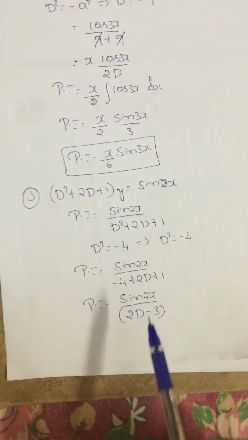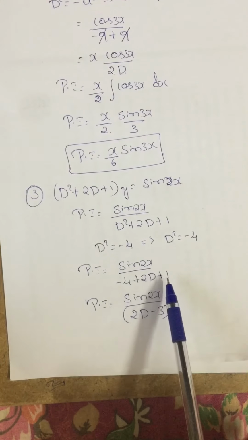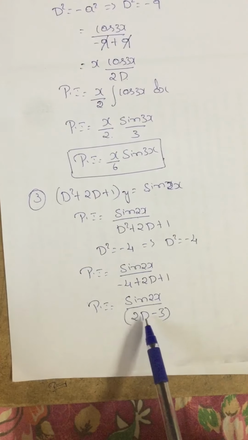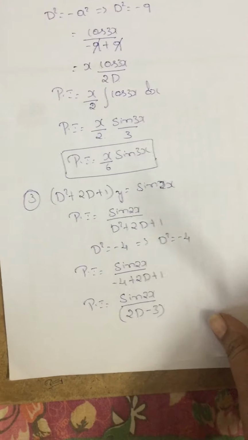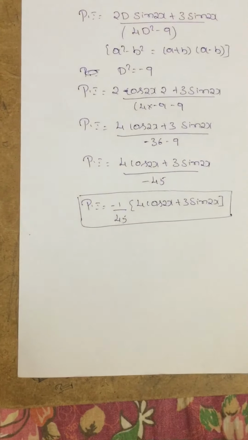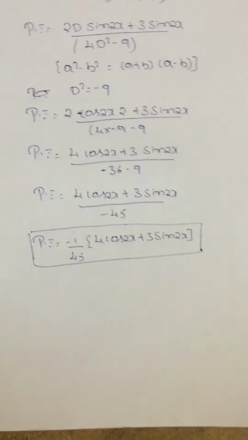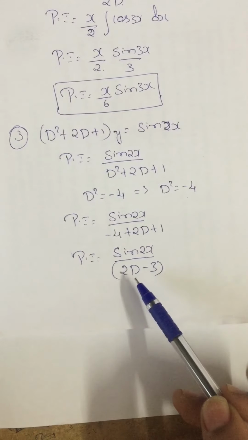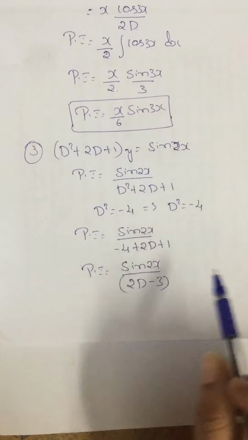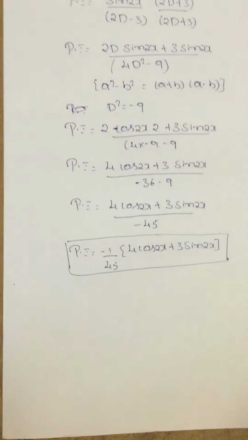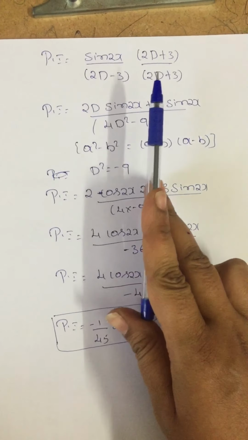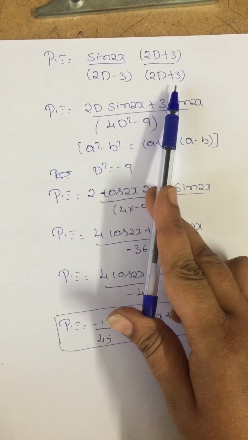According to the rule we take d square is equal to minus a square. The a value is 2, so a square is 4, so we take minus 4. So sin 2x divided by minus 4 plus 2d plus 1, and minus 4 plus 1 becomes minus 3. In the denominator 2d is there, but according to the rule we take d square equal to minus a square, so we need to convert this d into d square. For that we take the conjugate. The conjugate is 2d plus 3, so multiply and divide by 2d plus 3.